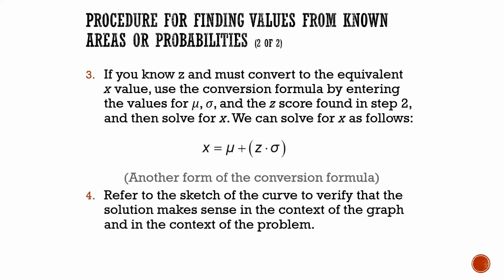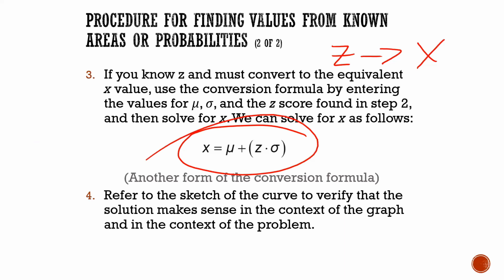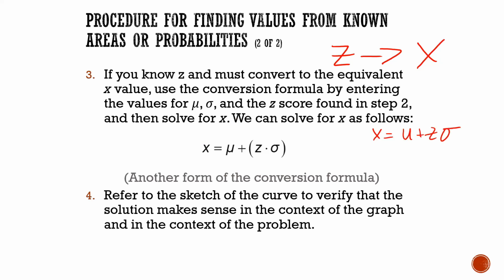And then to go from Z to X, I need to use this formula right here. This formula is fairly intuitive. Well, it's hard to see it until you use an example. But remember, I gave you a different formula before, right? It seems like I've given you two formulas that involve Z. But these are actually the same formula. Notice I can subtract mu from both sides, right?